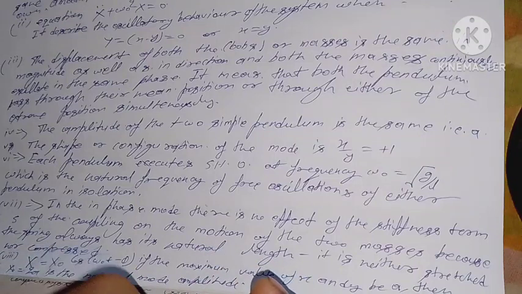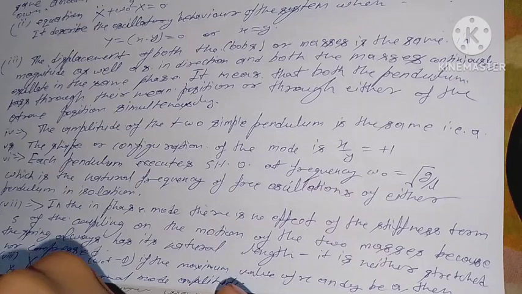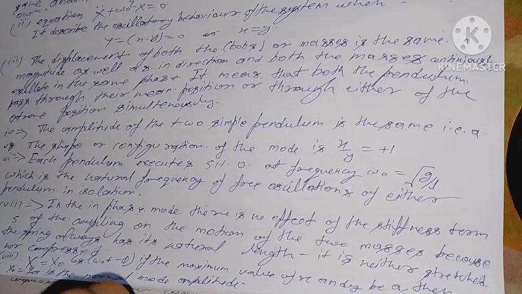It means that both pendulums pass through their mean position, or through either of the extreme positions, simultaneously. The amplitude of the two simple pendulums is the same, A.